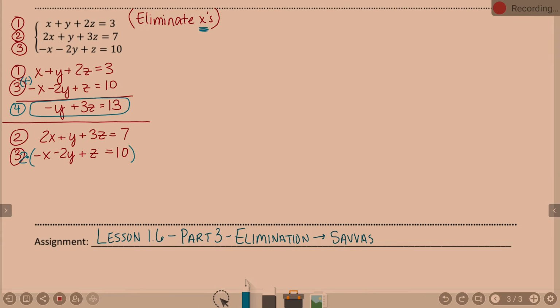We are multiplying equation 3 by the number 2. Yes? Okay. So, I'm going to, off to the side here, rewrite what I have. My top equation stays the same: 2x plus y plus 3z equals 7. That's equation 2. I didn't change it. My bottom equation, I'm doubling. I'm multiplying by 2. So now I have negative 2x minus 4y plus 2z equals 20.